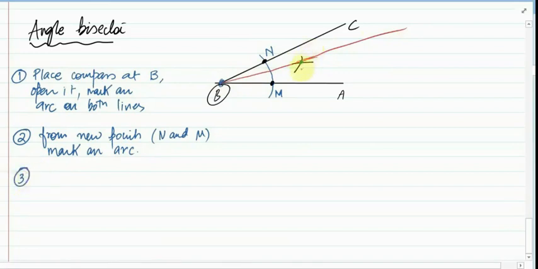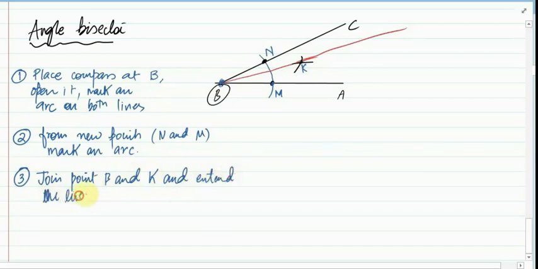Let's suppose I say that this point is K. Join point B and K and extend the line.